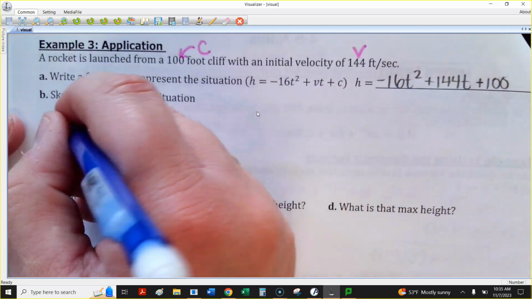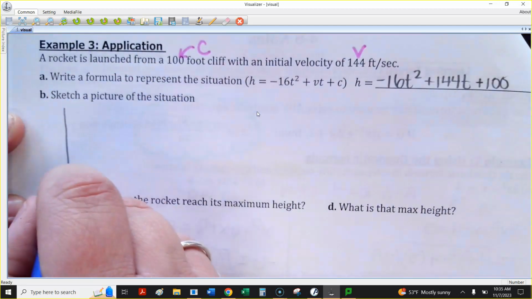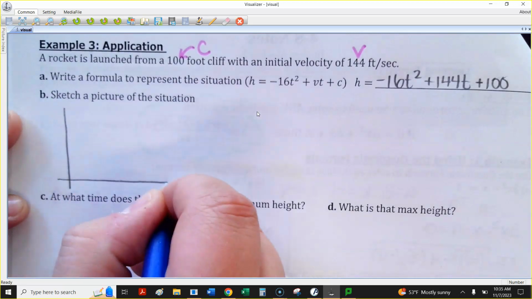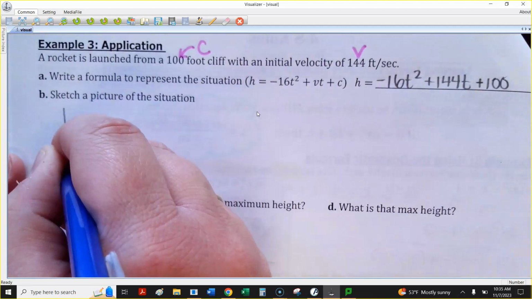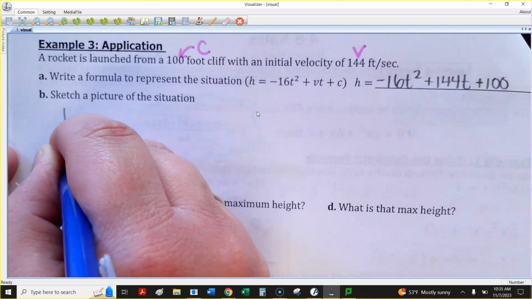That would be a formula we could use for this question. Okay. Now, I'm just going to sketch a tiny picture of this situation just as a reference. This is a little different than some of the questions we've been doing before, where we maybe did not have an initial height. So I'm not launching this from the origin. I'm just going to eyeball it, let's say this is 100.